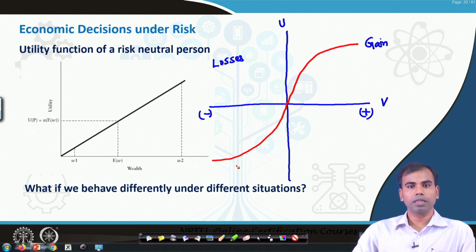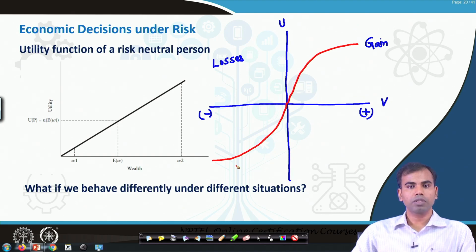It indicates that the utility function for an individual would be different for situations where gains are involved, and different from circumstances where losses are involved, which means if you are likely to lose economic value, you would behave like a risk seeker and tend to take more risk, and if you are in situations where you are going to get something, you will behave as risk averse.